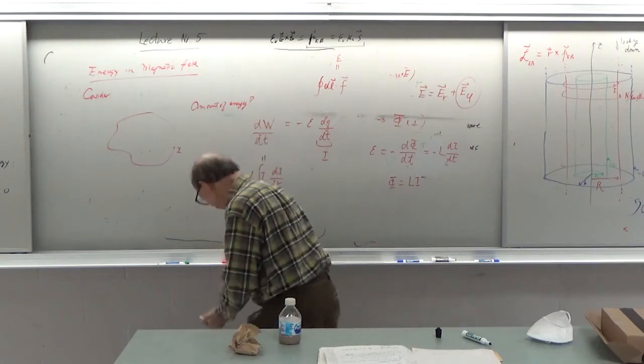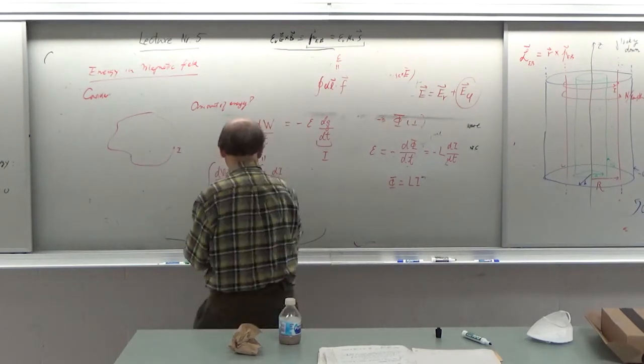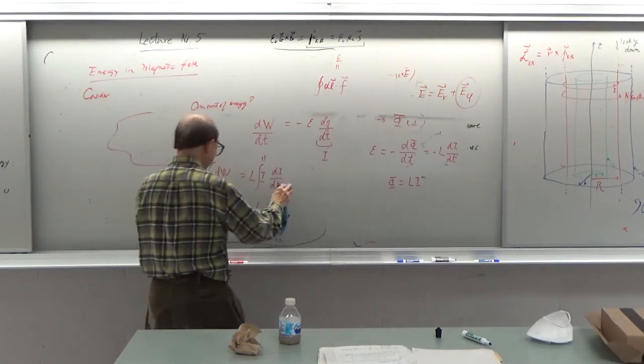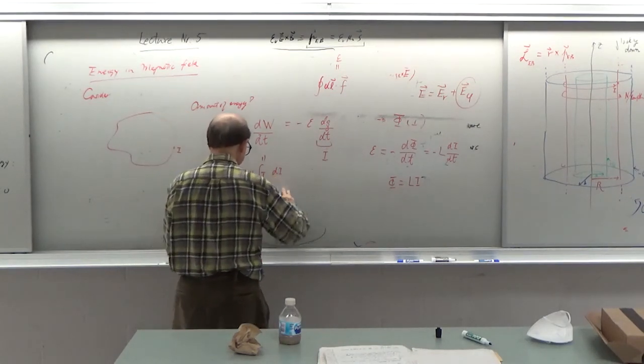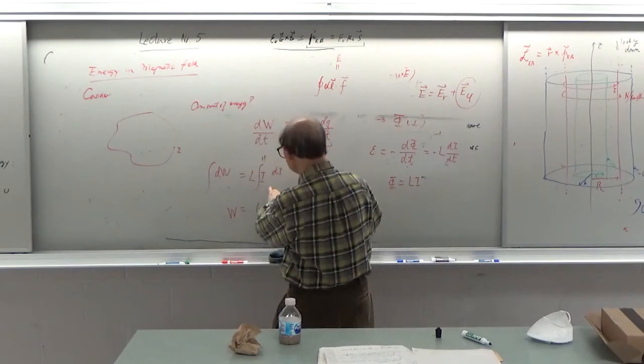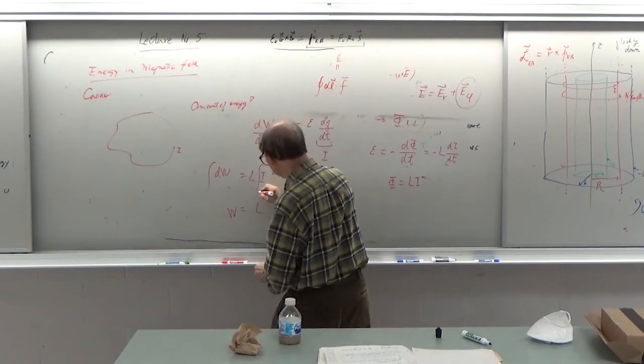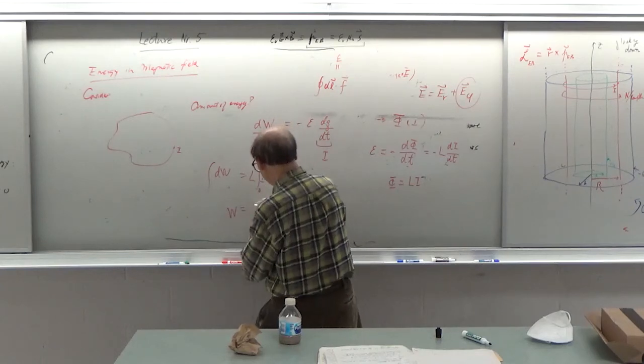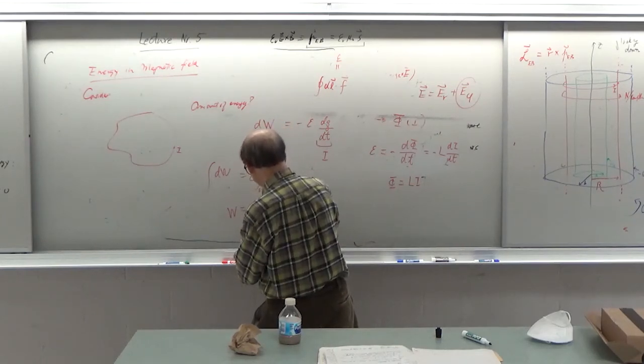So that we can multiply out the d/dt. So this goes from the current 0 to the current I. And this is 1/2 L I squared.